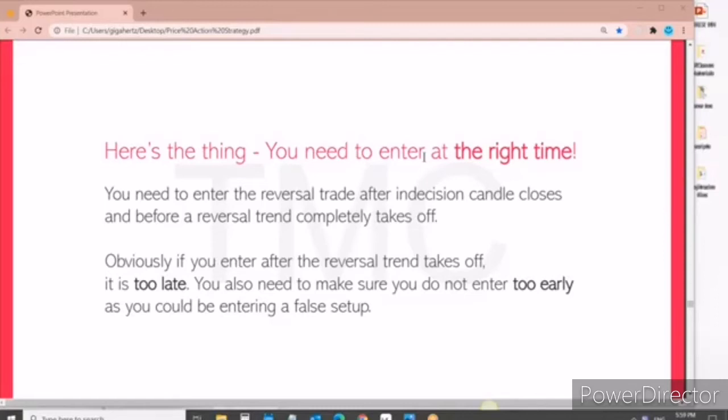O, diba? Obviously, if you enter after the reversal trend takes off, it is too late. Or you also need to make sure you do not enter too early as you could be entering a false setup. So, baka mali yung pasukan mo kapag masyado kang maaga.